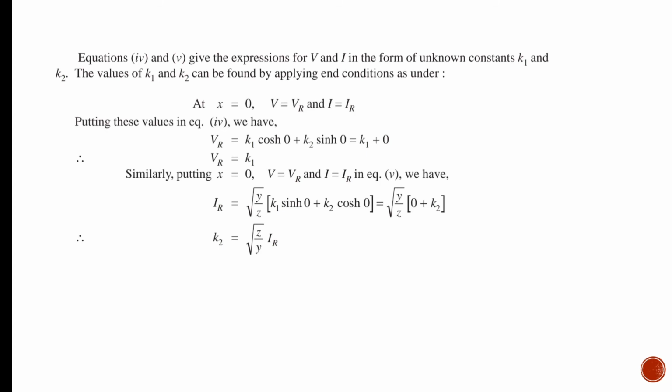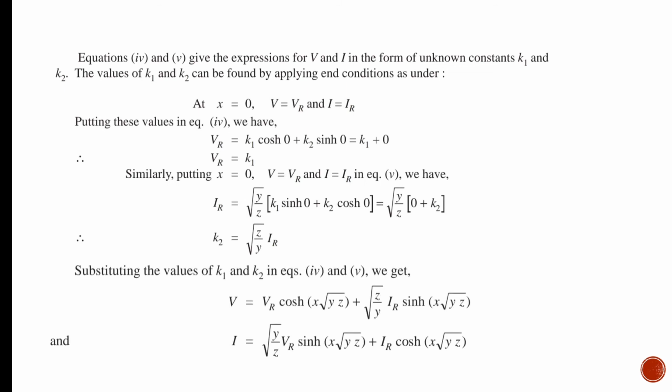Similarly, putting x equal to 0 in the current expression, IR equals root of y by z k1 sinh 0 plus k2 cosh 0, which is root of y by z into k2. After rearranging, k2 is equal to root of z by y into IR. Now we have found the values of the constants.